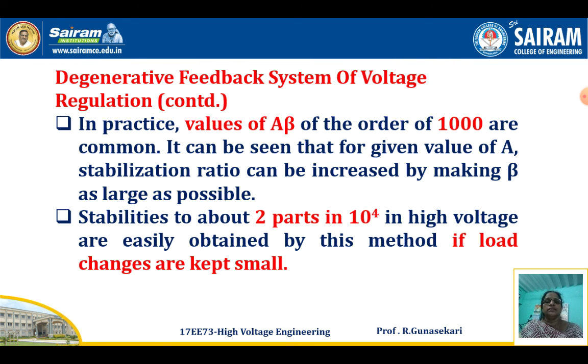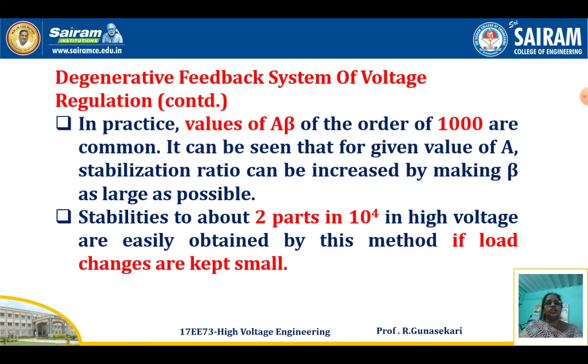In practice, the value of A beta is of the order of 1000 for common cases. For a given value of A, where A is nothing but the amplifier gain, the stabilization ratio S can be increased by making beta as large as possible.